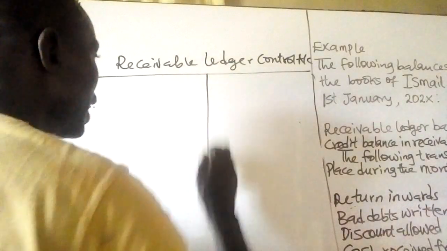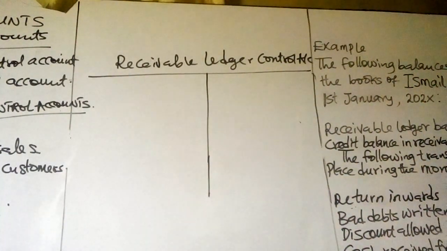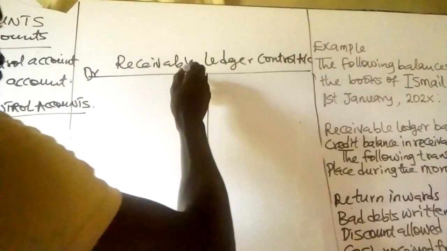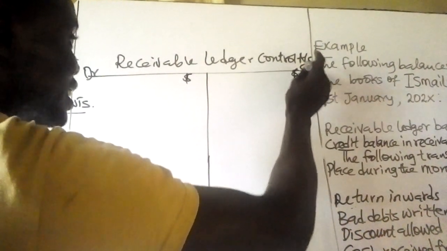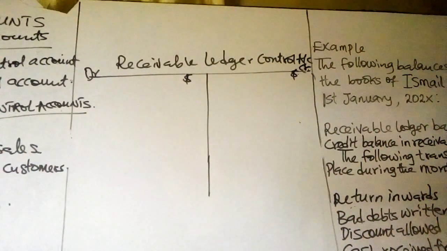Receivable ledger control account. At the debit side, what are those items that will appear? Remember, the left hand side of an account is the debit side, while the right hand side is the credit side. What are those items that will appear at the debit side?